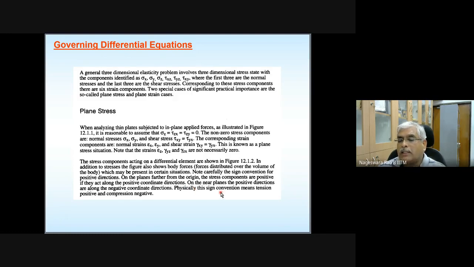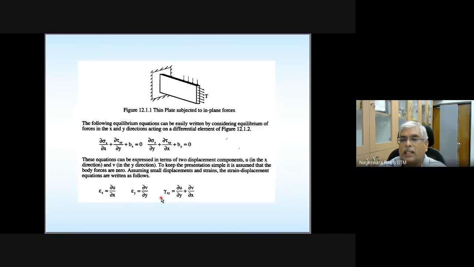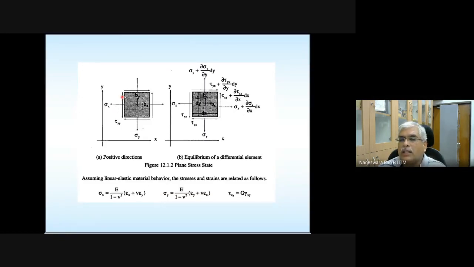Physically, this sign convention means tension positive, compression negative. So what actually it means is, here, this is the coordinate system. This is the face which is close to the coordinate system. You can ignore whatever description is given in that slide, and then you can take a note of it.